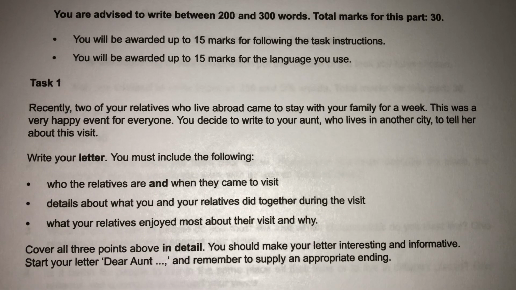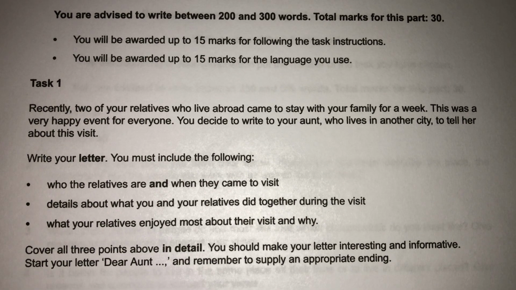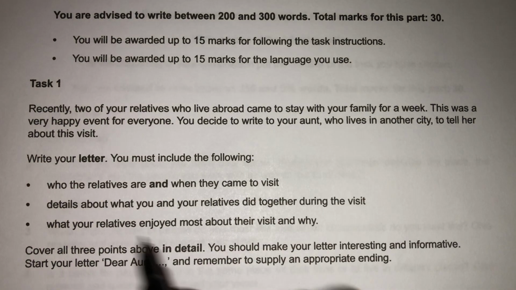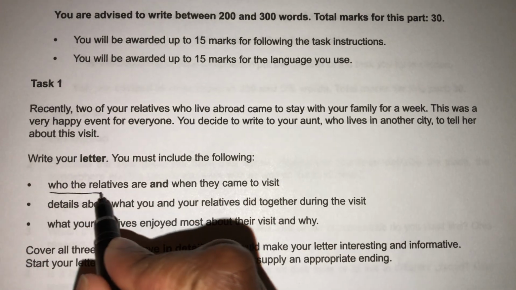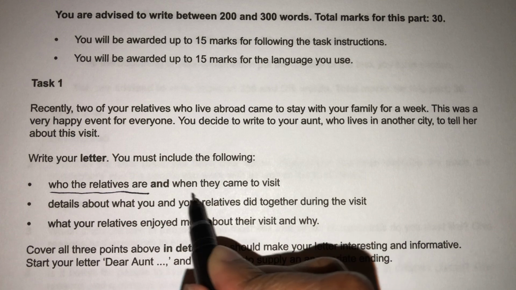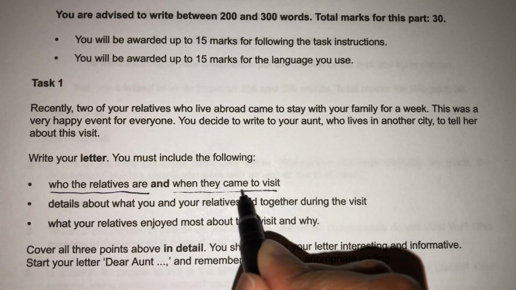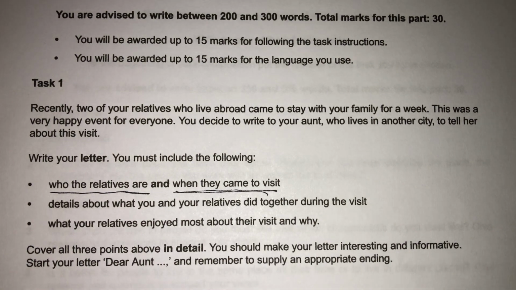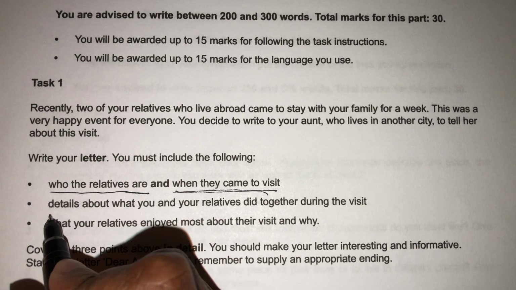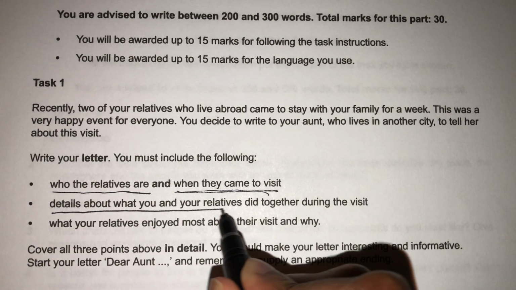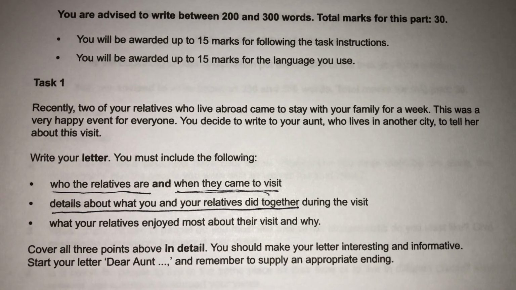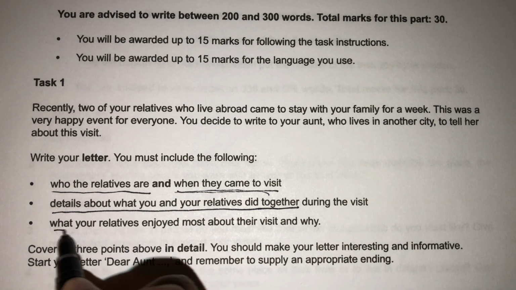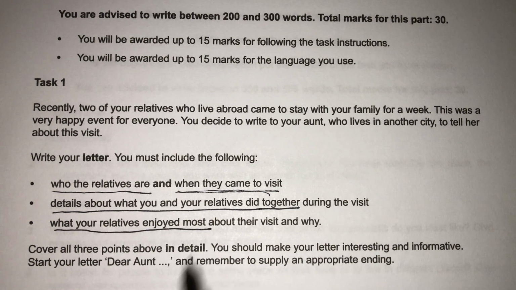Okay, so few things here that I'm going to highlight and that we must respect. So, who the relatives are, when they came to visit. Okay, details about what you and your relatives did together during the visit, what your relatives enjoyed most.